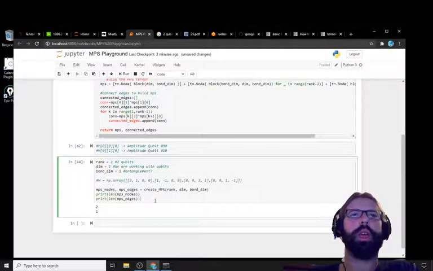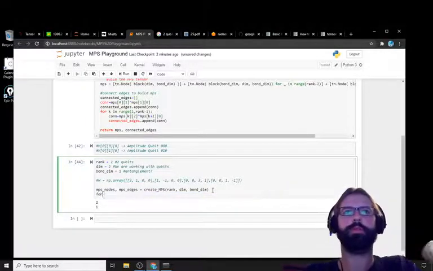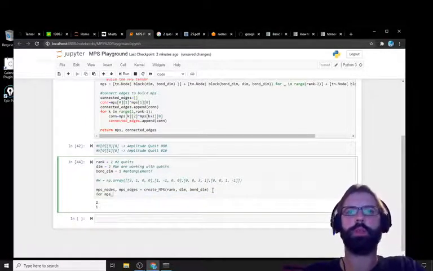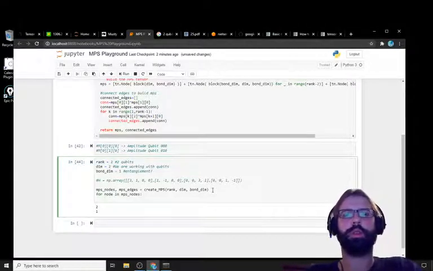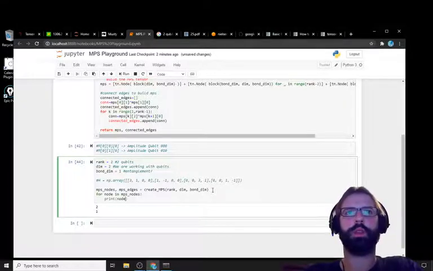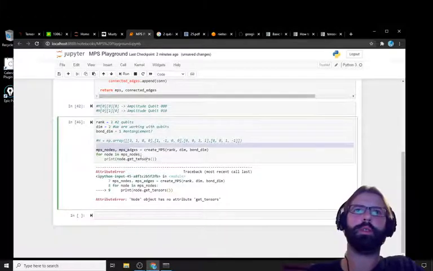And so now I have these edges and these connections. Okay, so if I now do for node in MPS nodes, print node get tensors, sorry.